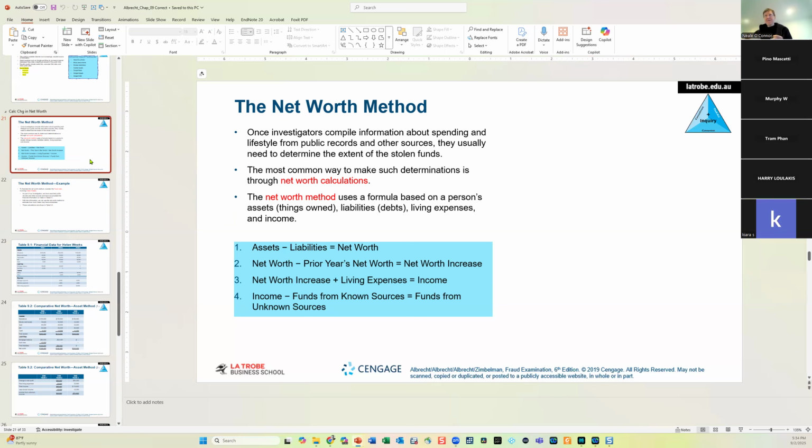So if, for example, my net worth went up $500,000 from year 1 to year 2, but I'm only earning $200,000 a year, then what this method finds is that there is a gap of $300,000. Where did that come from? You only earned 2/5 of that change in your net worth.